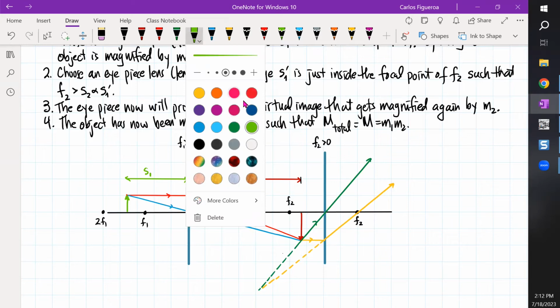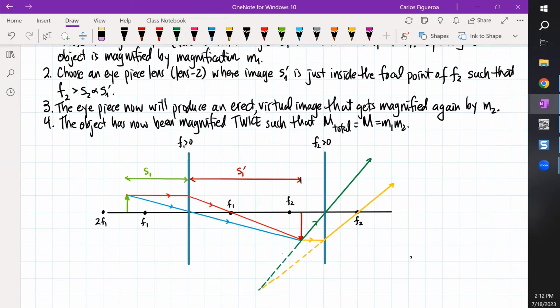Let's say that I'm going to get this pink. And so if I look at this, this is my final image right here. So if I look at these distances, what am I actually seeing here? The first distance is this distance from, I'm going to take this F2 and bring it down here.